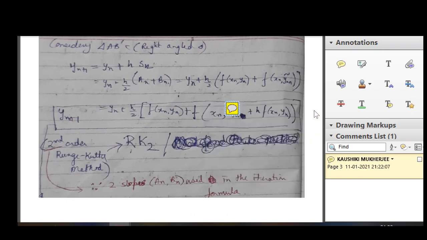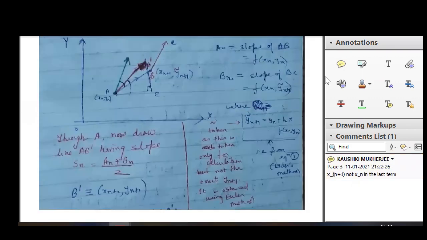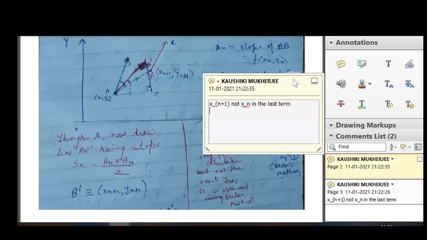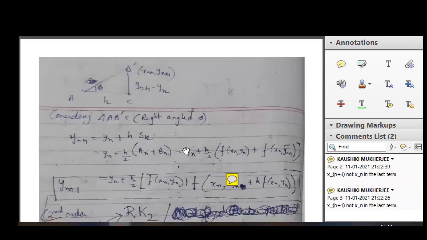So this is the thing you are getting exactly here. So let me add it here also. Here exactly. Okay. So this is how we can explain the geometrical way of finding out the RK2 method.